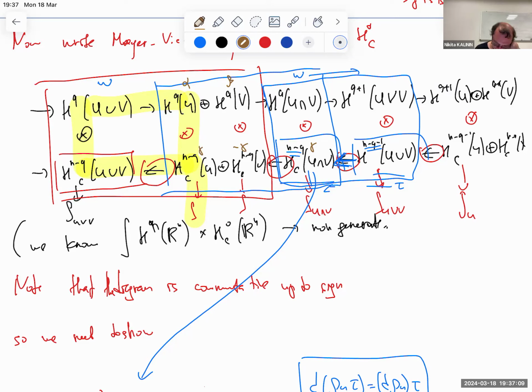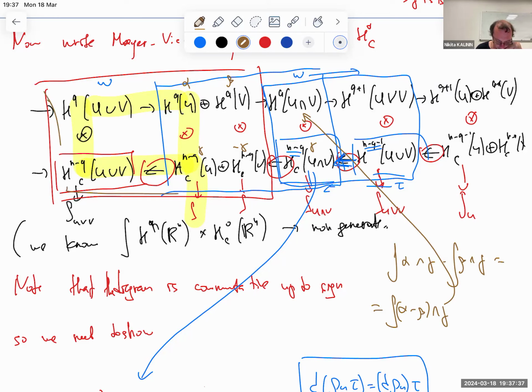Well, then you can integrate alpha wedge gamma and minus beta wedge gamma. That's just the same as the integral of alpha minus beta wedge gamma, which is here. Yeah, I think so. In other quadrants, it's even simpler because all the maps are just restrictions.